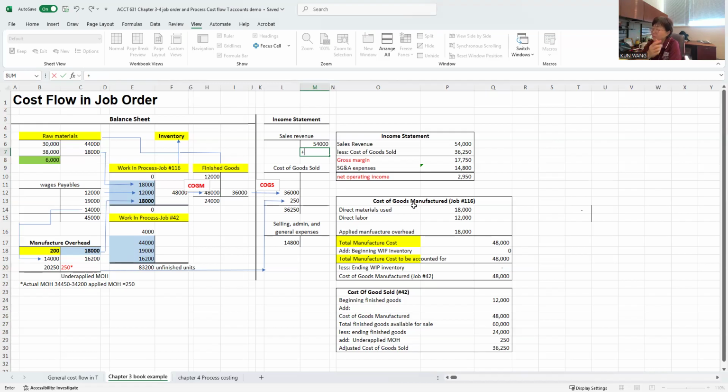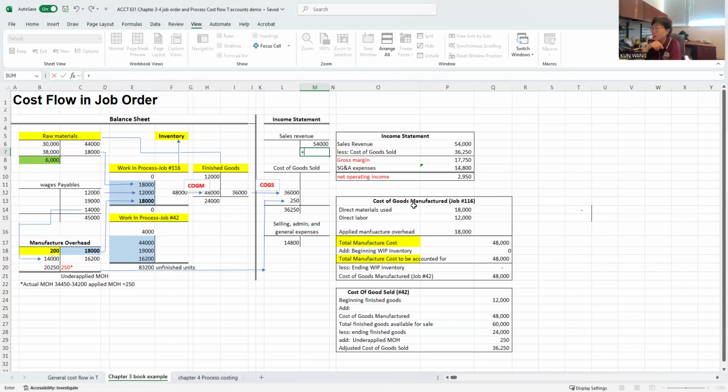So we design all these different debit and credit rules in the double entry system. Make sure for each journal entry we have at least one debit and at least one credit, and then the total debits equal the total credits. That's the beauty of the double entry system.